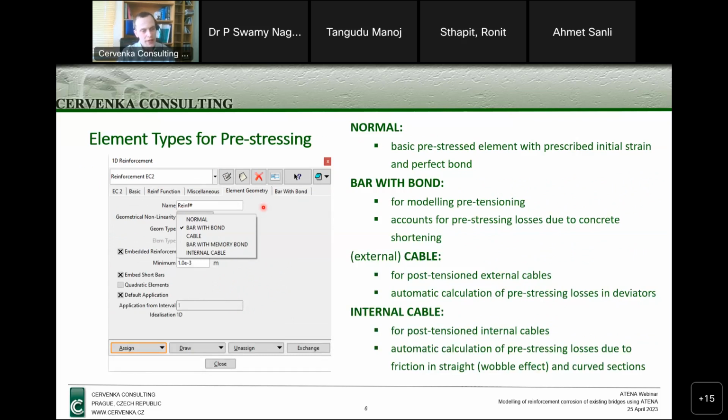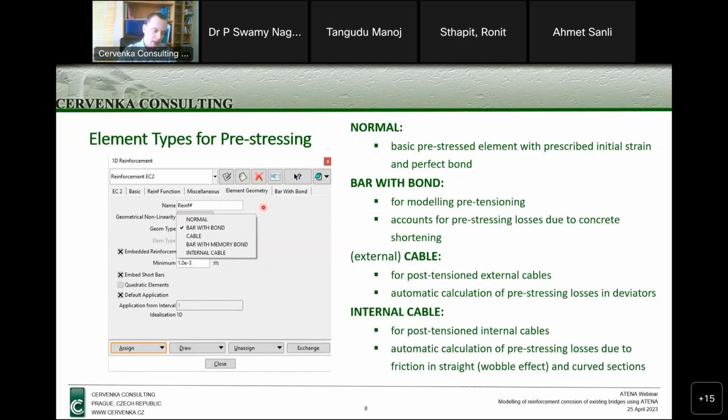If I move on, I just again remind you that there is a special webinar devoted to modeling prestressing, but since we are dealing with bridges, I was thinking it's a good idea to give you a quick overview of the possibilities. If we are modeling prestressing, we have basically two options in ATENA.